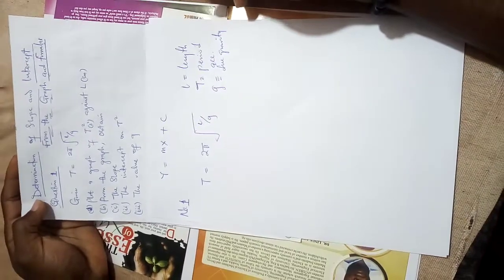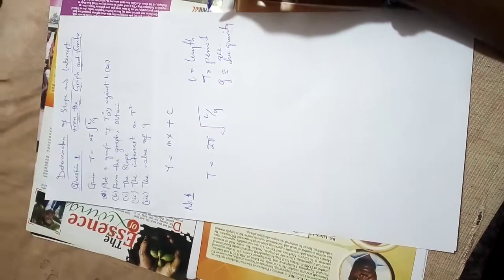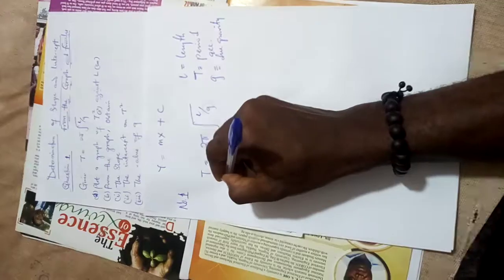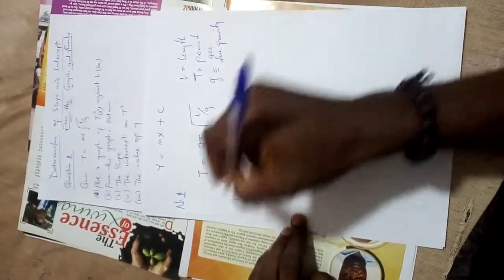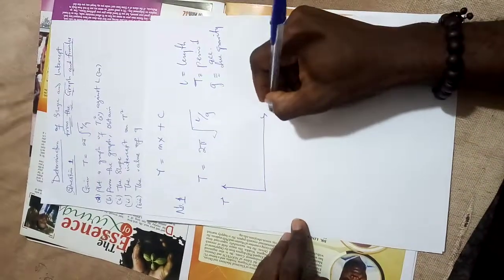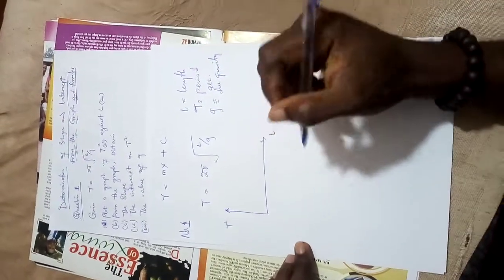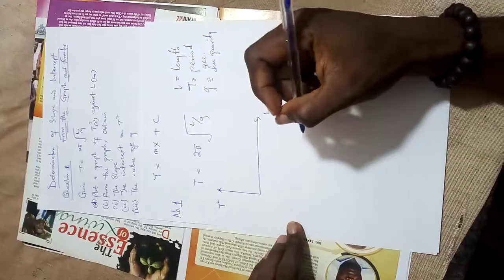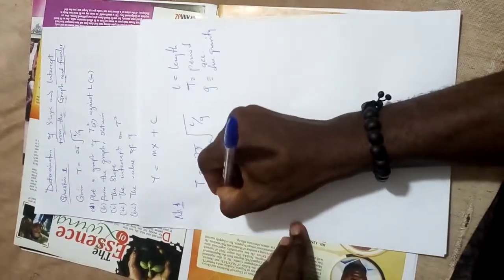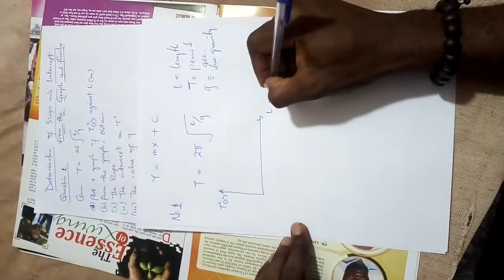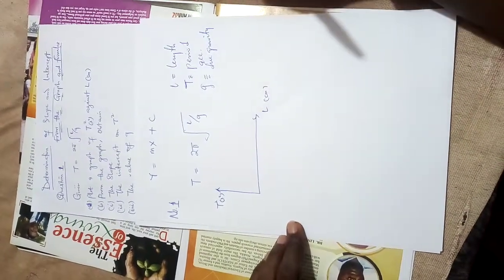Now what we are going to do is, since the first question says we should first of all plot a graph, we have T squared against L, and remember what we did in our last class when we talked about graphical analysis, that we are expected to put the SI unit of these different quantities.